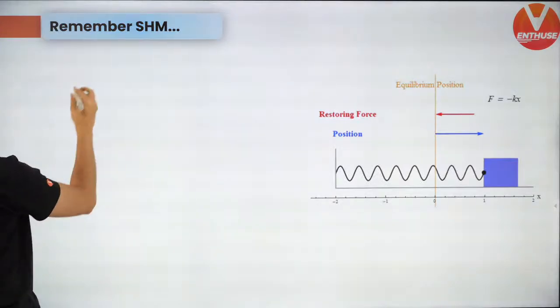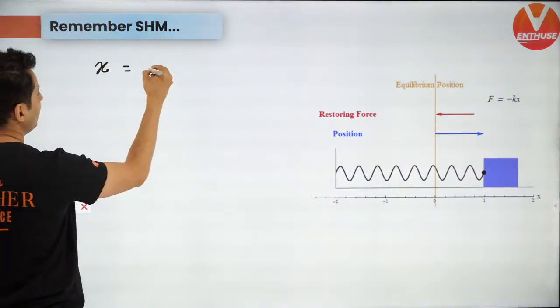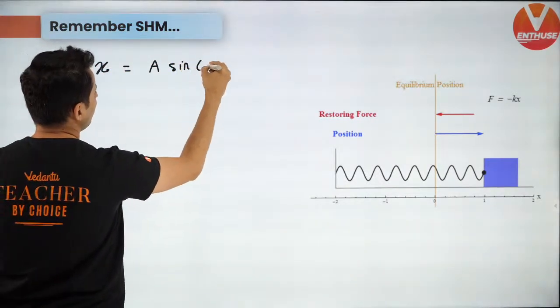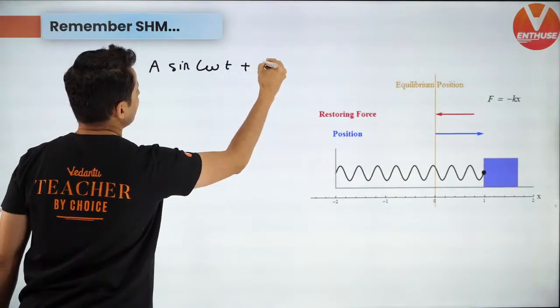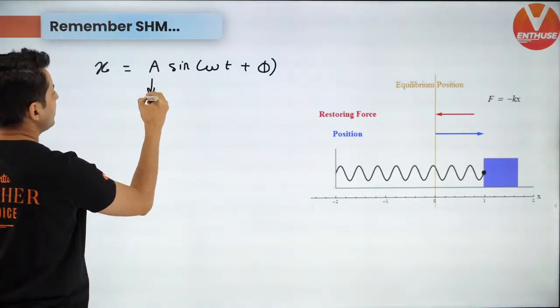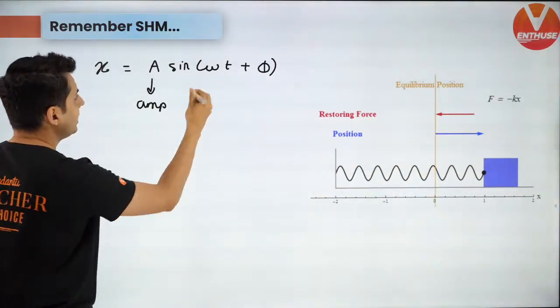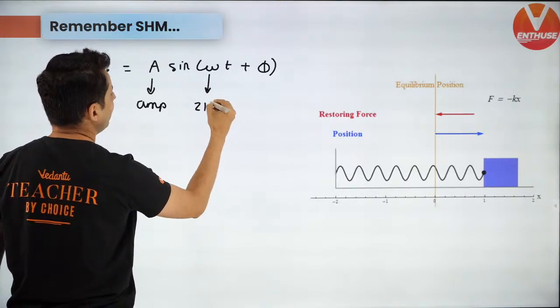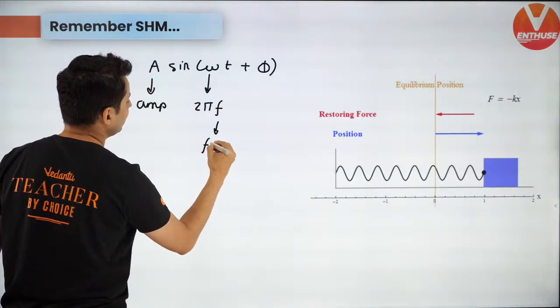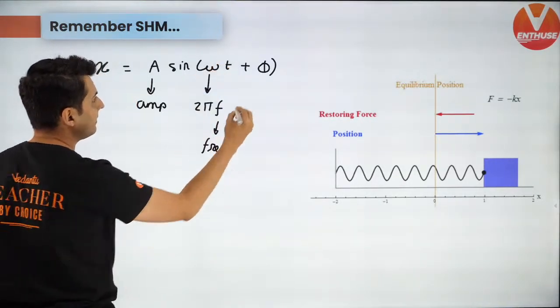Now we have also seen the equation of SHM. Equation of SHM was A sine omega t plus phi, where A was your amplitude. Remember how far it goes on the left and right. Omega was 2 pi f, where f is your frequency and omega was your angular frequency.